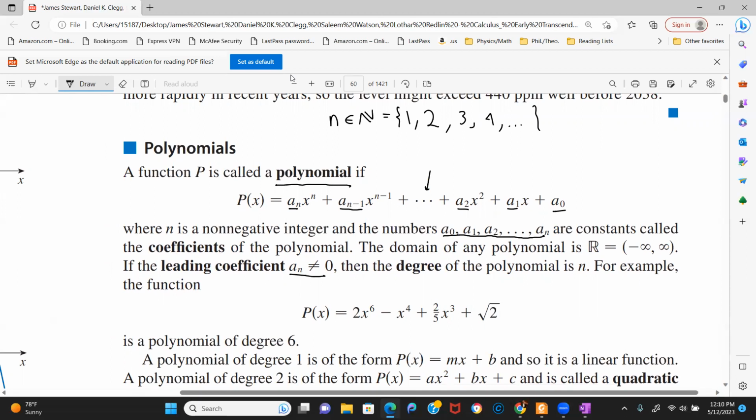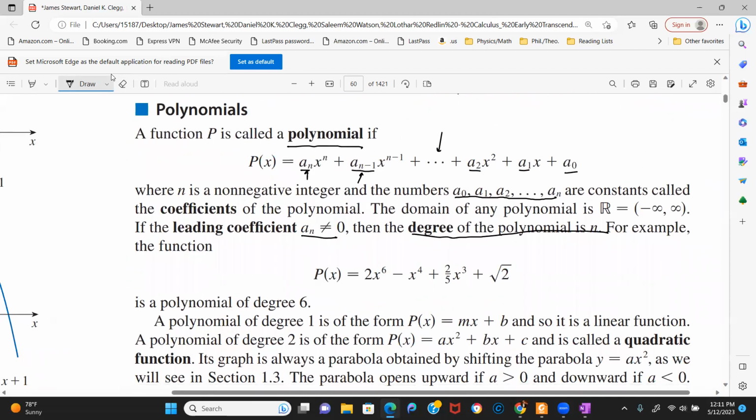Otherwise, if this term is 0, then you just keep going down the line until you get your first non-zero coefficient. Whatever is the first non-zero coefficient with the largest subscript, that's your leading coefficient. And if a_n is non-zero, then n is the degree of the polynomial.